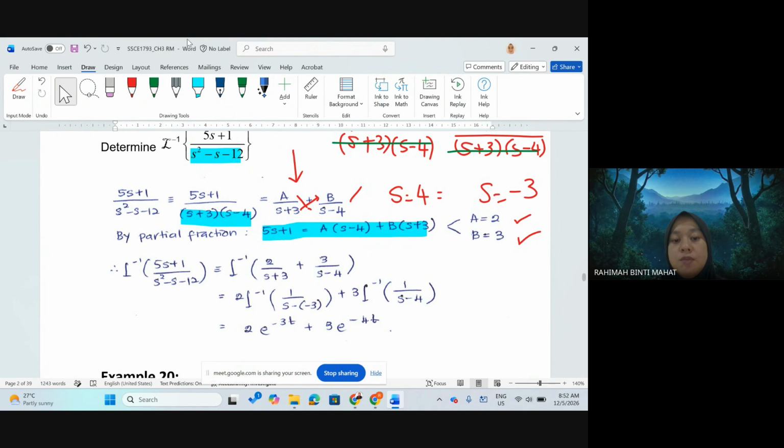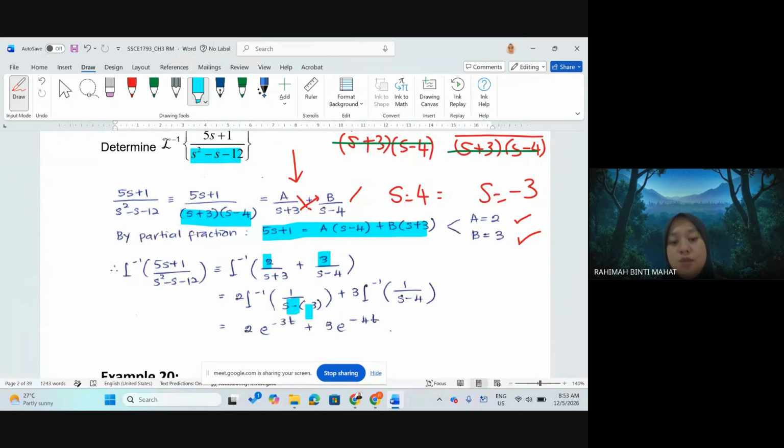So if you look here, there is a constant here. The constant, you can take out from the Laplace form. So you will get 2 Laplace inverse of 1 over s minus, this one you need to refer to the formula, to the table. So from the table it is negative. So that's why this is negative, minus -3.